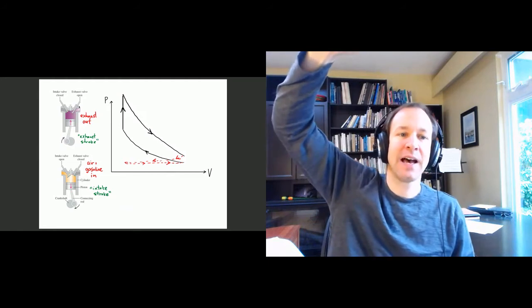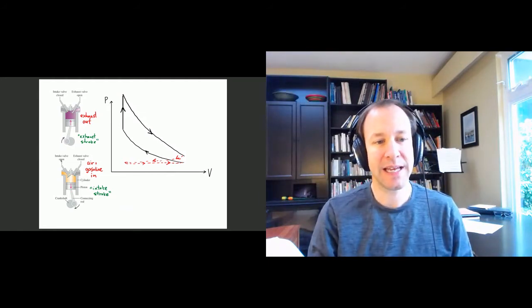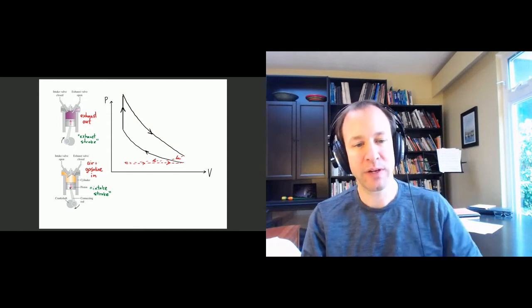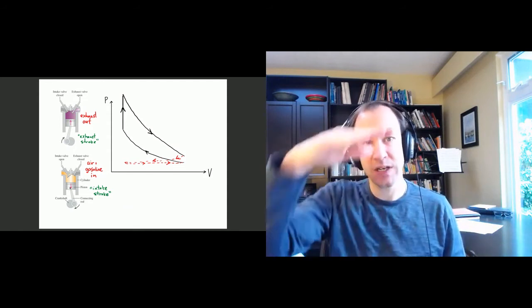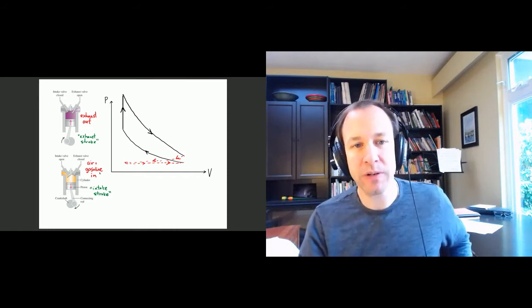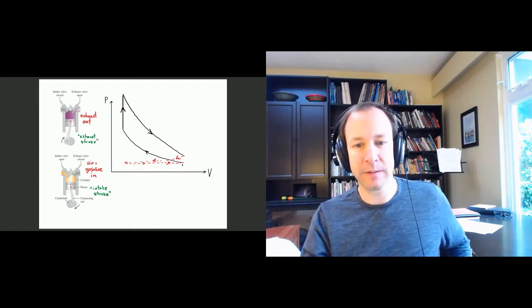And then it's timed so that when the piston is coming back down again, the intake valve is open, and so that sucks in additional gasoline. And so at that point, we're back to our original situation where we have air mixed with gasoline. The actual process now on the PV diagram involves this extra decrease in volume and increase in volume.